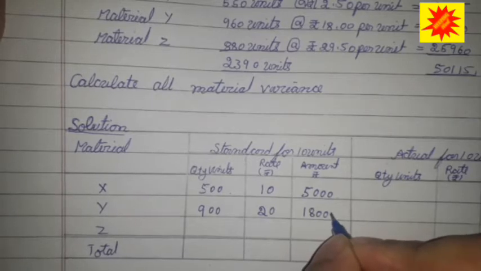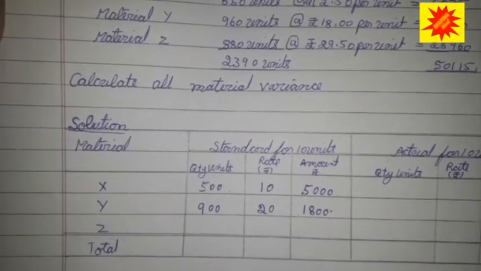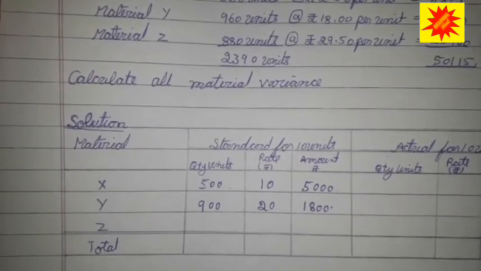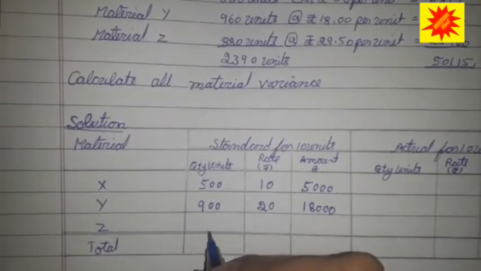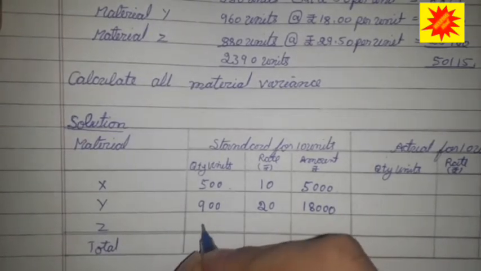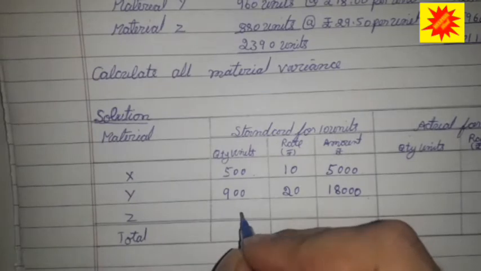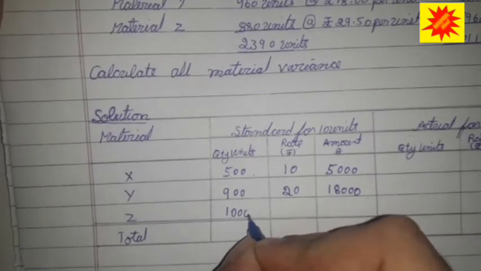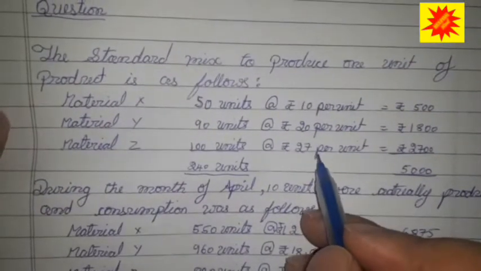18,000. 900 into 20. Do it in the calculator so that you will be perfect with the answers. So 18,000. Next we have 100 units for 1, so for 10 it will be 100 into 10. That is nothing but 1000 at rate 27, which is given to us as standard rates.